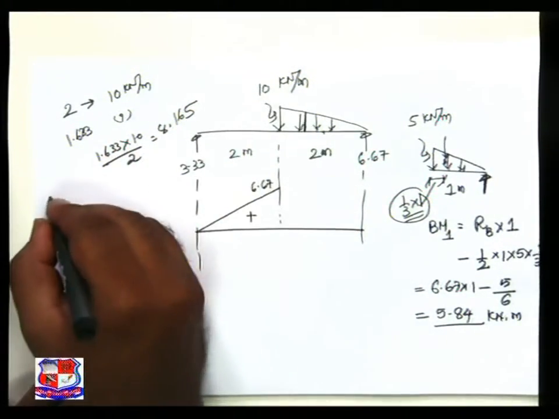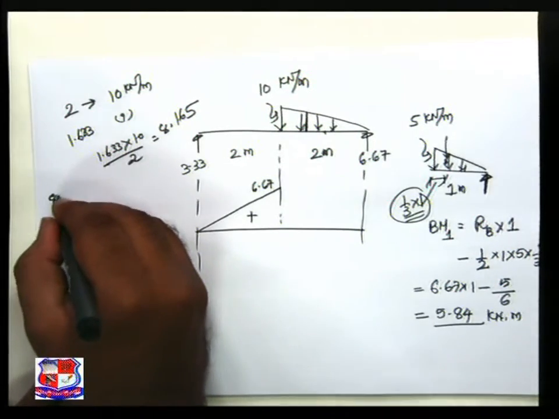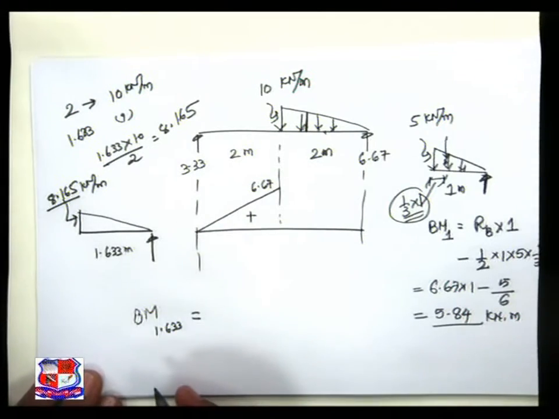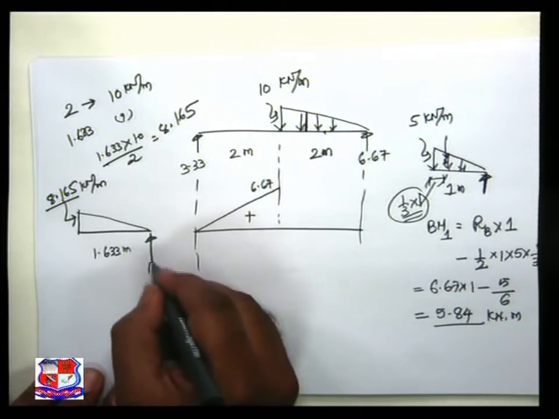So this ordinate is 8.165 kilonewton per meter. So what is the value of RB?